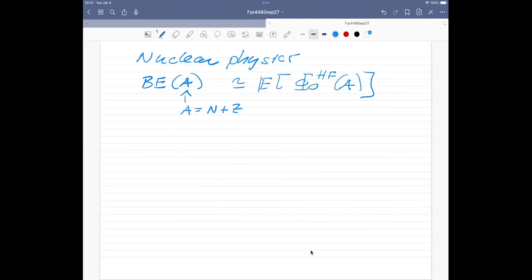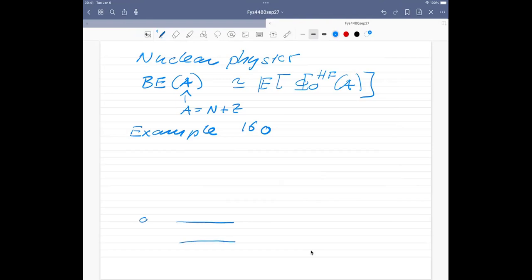So you could think of your system, and in oxygen 16, you have 8 protons and 8 neutrons. So this is one of the simple cases.